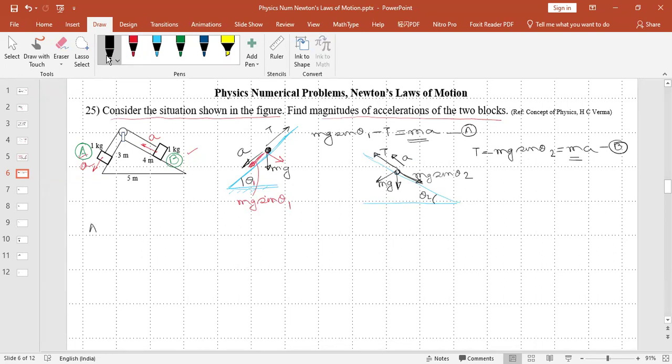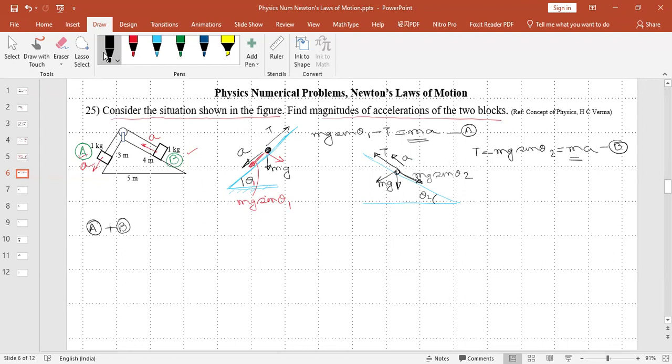We'll do one thing: equation A plus equation B. If we add equation A and equation B, the plus T and minus T will get cancelled.